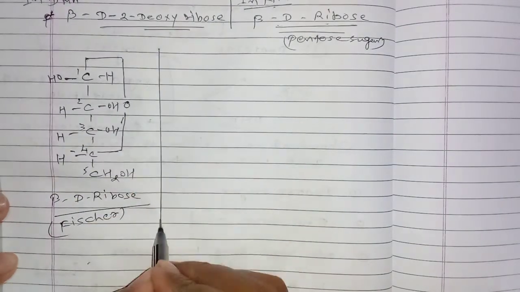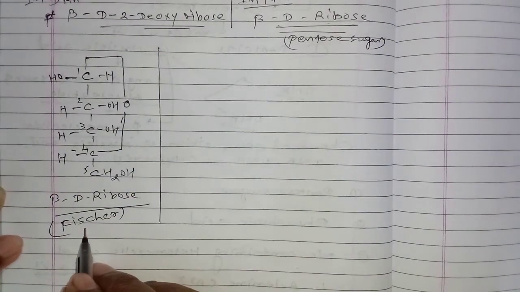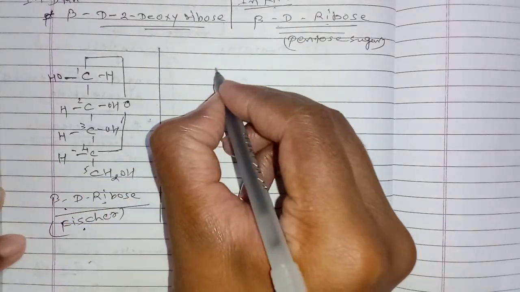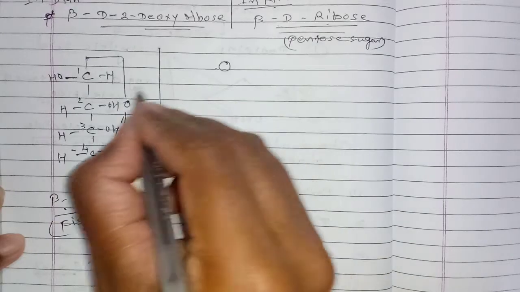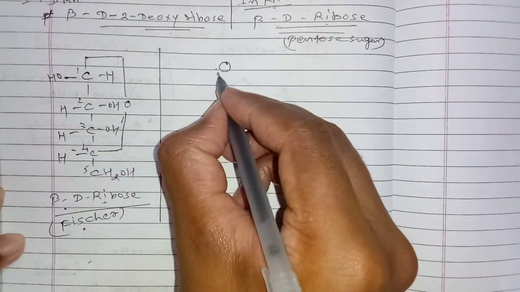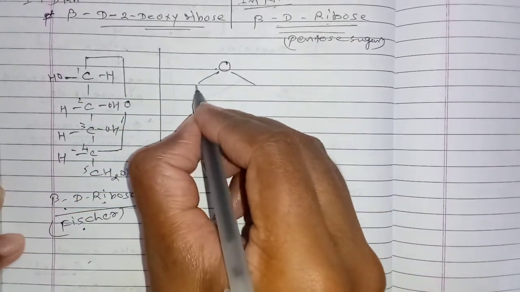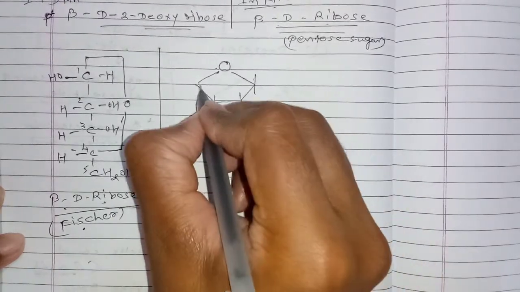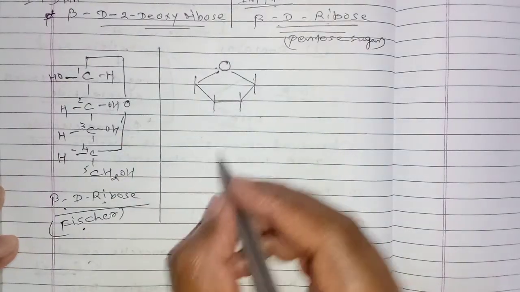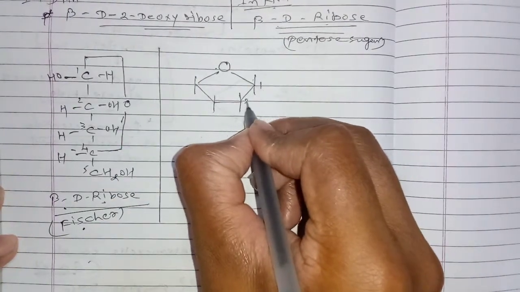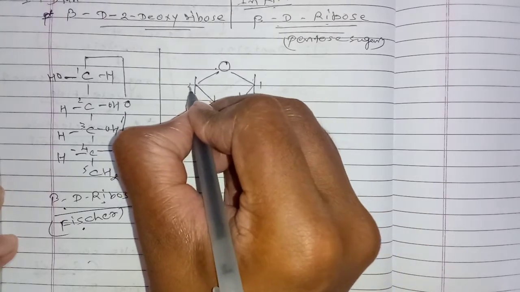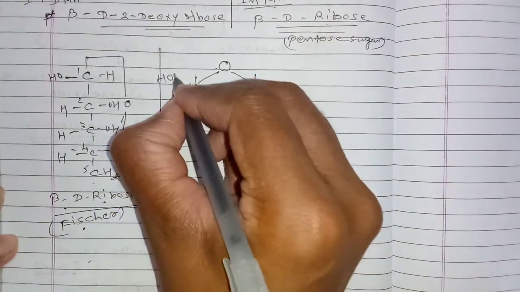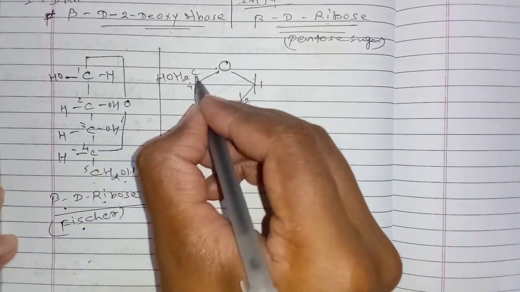Now the Haworth projection for beta D ribose. Here the first and fourth carbon are bonded with oxygen atom. The first, second, third, fourth and fifth carbon. On fifth carbon is CH2OH.